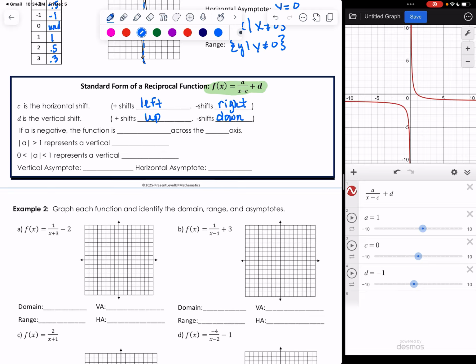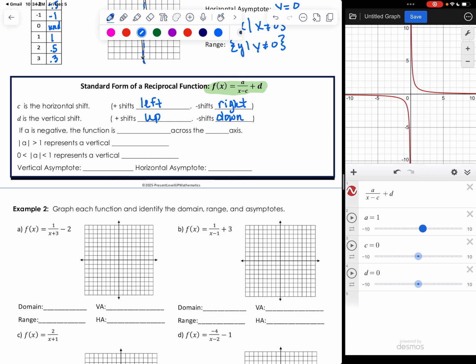Okay. Now, if a is negative, let's look at what happens. So I'm going to go here to a. Right now I have a equal positive 1. I'm going to change it to a negative 1. Watch what happens again very closely. Here's a equals positive 1. Notice where the branches are.